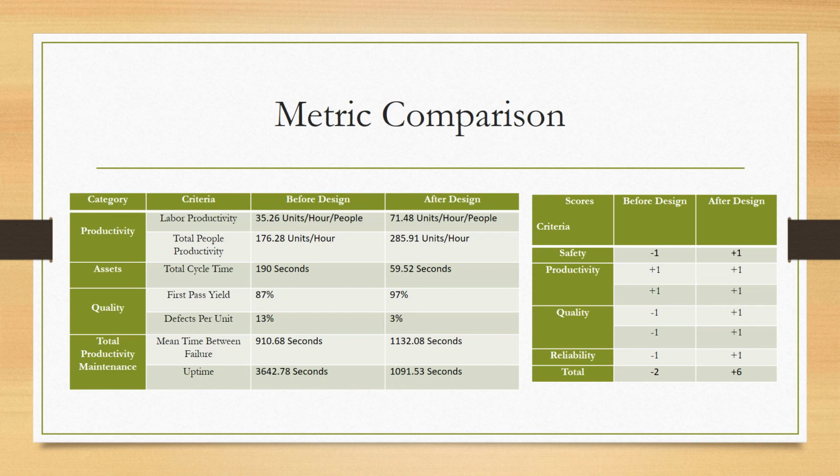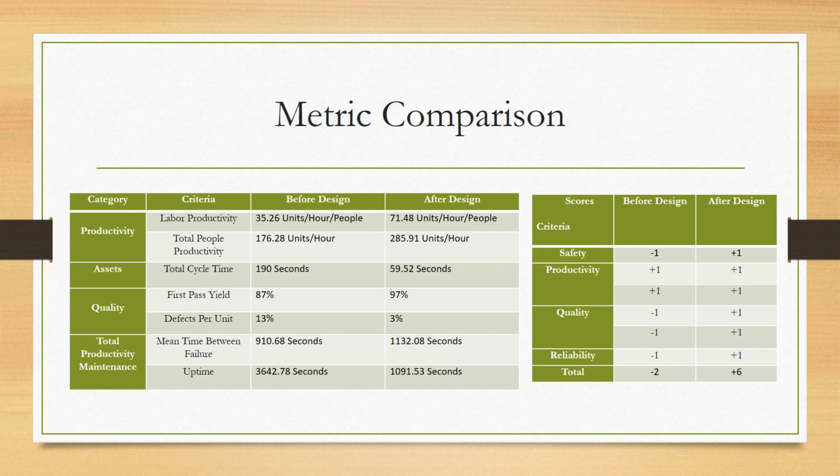If we look at productivity, quality, and total productivity, we calculate 2 different numbers. After design has a higher productivity than the before design. However, the reason why we gave both designs a +1 for productivity is because both designs meet the requirement, which is 5,000 units per week. So we think the productivity is already enough.